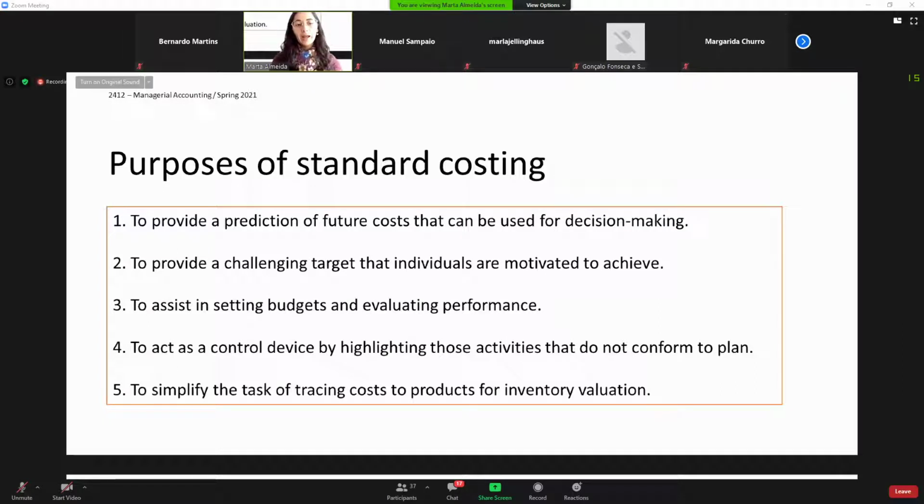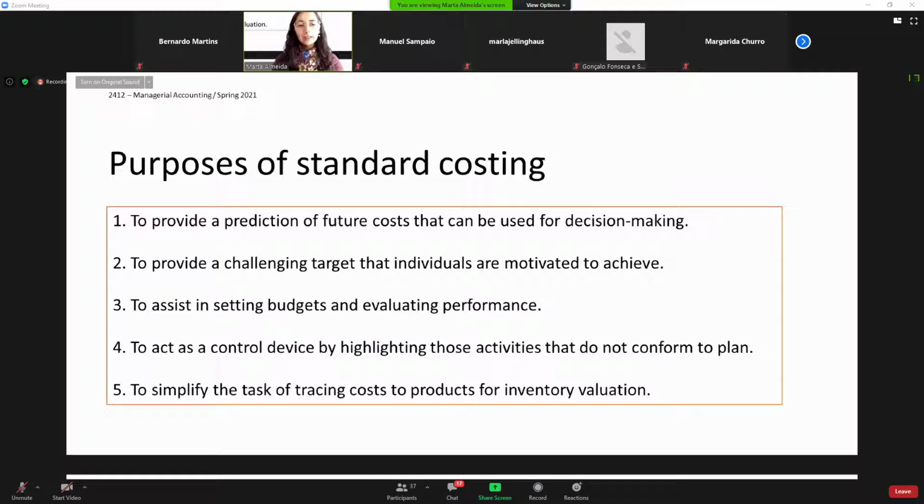They also help us evaluate the performance of the organization. We use standard costs to prepare the budgets, then compare the budgets with what actually happened, and with this comparison we can evaluate the performance of the organization and of the different managers.